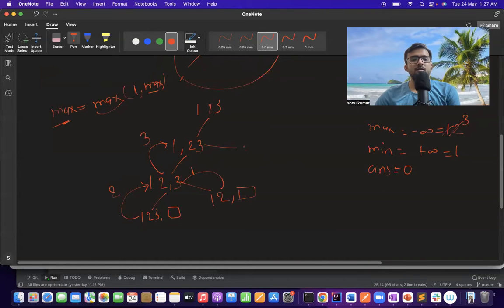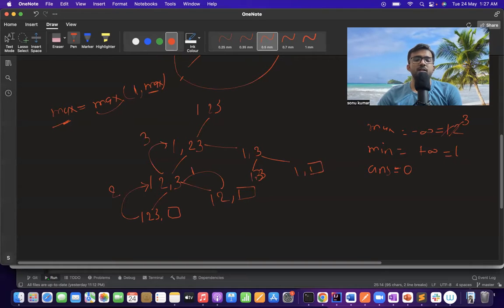Again this part will call on 2, but this time we will not include 2. So the earlier subsequence was only 1, and we will call on 3, and again on 1. It will include 3, giving 1 3, and the next time it will not include 3, so just 1, and it will call on the blank.